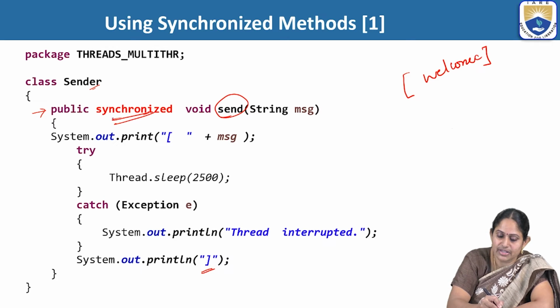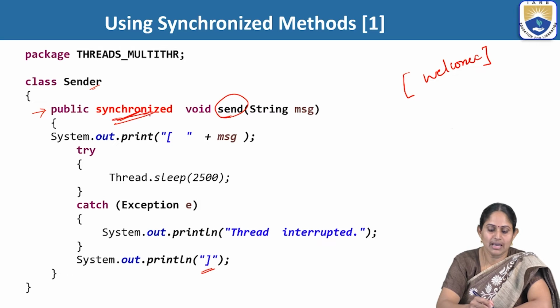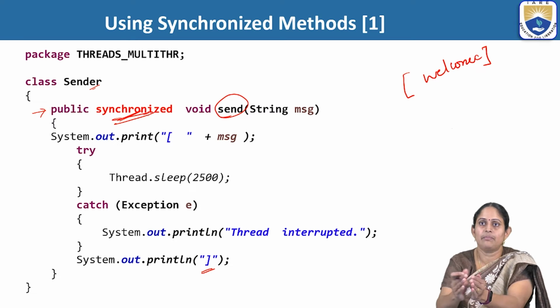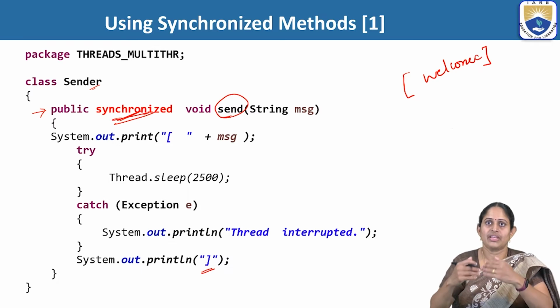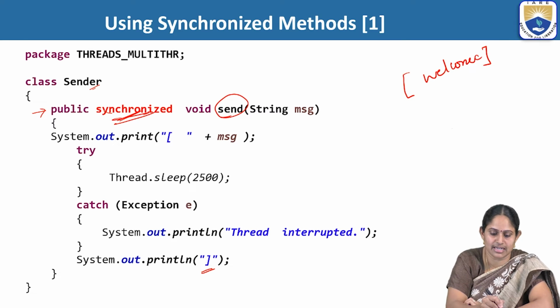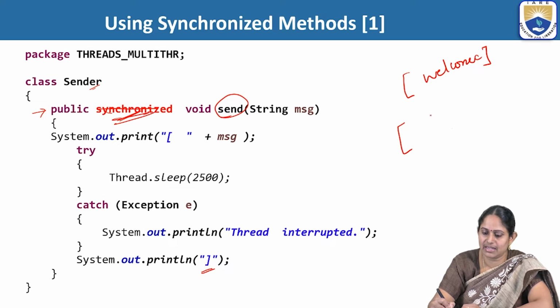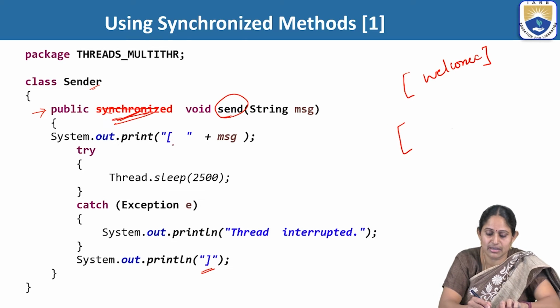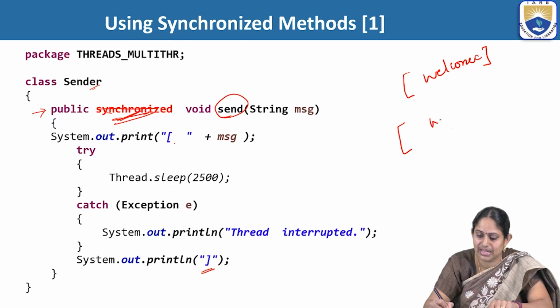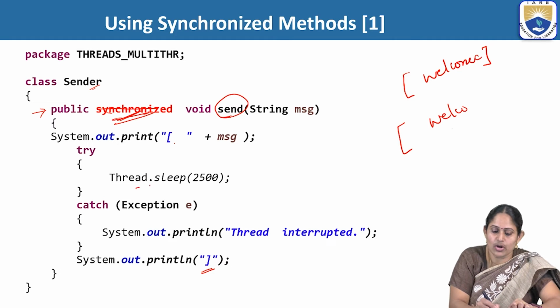Now, since we are having this synchronized keyword, this process will work in a synchronized manner. If we don't keep the keyword synchronized, then we get the output in an interleaved manner. It will display the bracket and the welcome message, and then it is going to sleep.